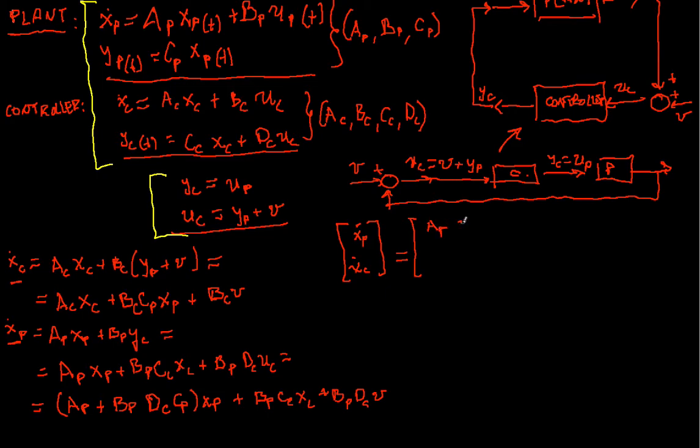AP plus BP DC CP, it's 1 entry. Here this is BC CP. 2 entries BP CC, and this is just AC term here.